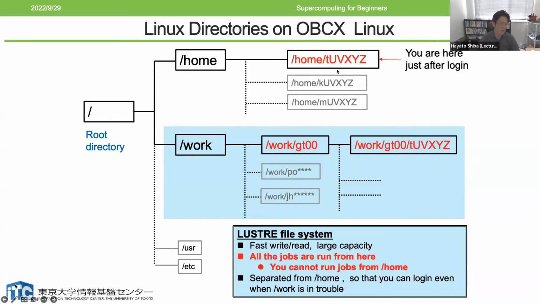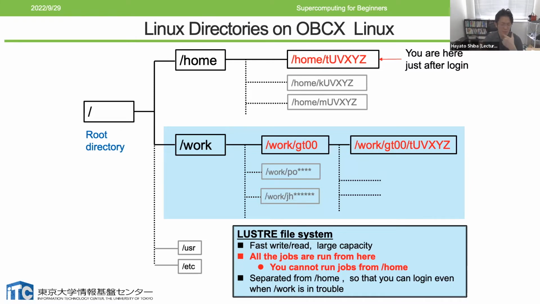But actually, the supercomputers at the University of Tokyo have a special setting because compute nodes cannot see the home directory. As I mentioned, we have one big file system called Lustre storage, and the whole system is connected to it. But the special setting is that the home directory is not exposed onto the compute nodes.